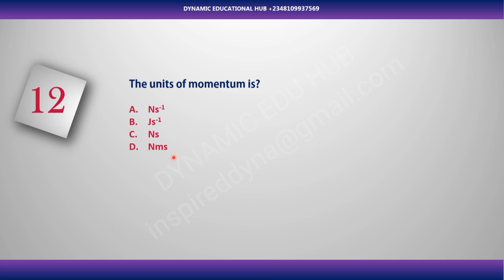So let's see how to solve it. It's very simple. The answer is Newton seconds. Let me show you why. Recall that momentum is equal to mass times velocity: kilogram times the unit of velocity, meter per second. So you get kilogram meter per second.